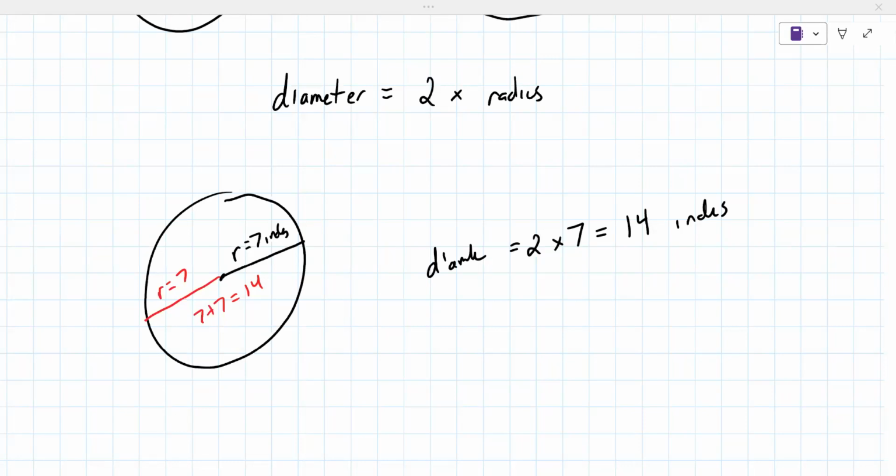Let me grab a quick worksheet to help. Here's a problem for us to look at.